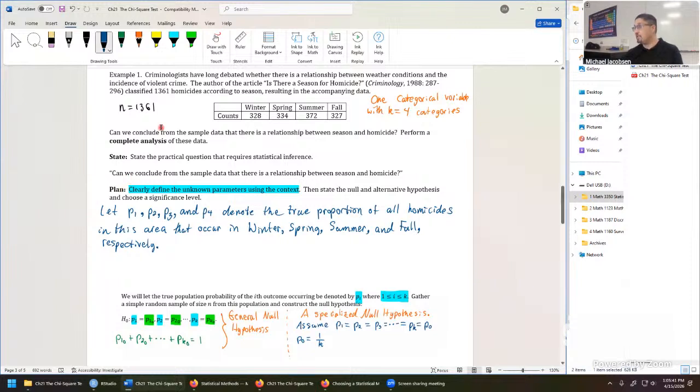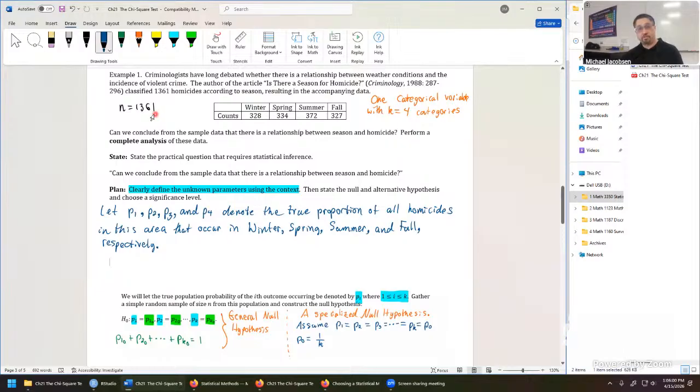The recap is, this is about the classification of violent crime, specifically homicides in one particular city or metropolitan area. This data was published in 1988, but it could have been a longer term observational study when they gathered all these data.